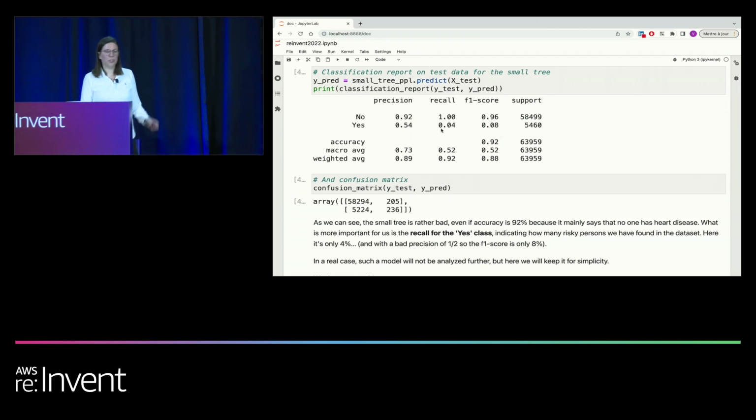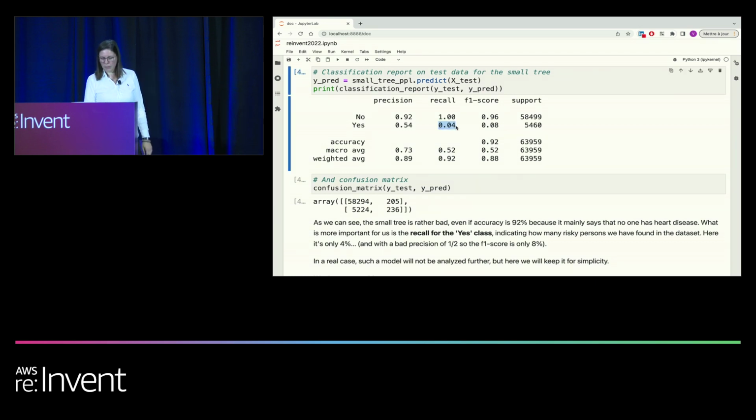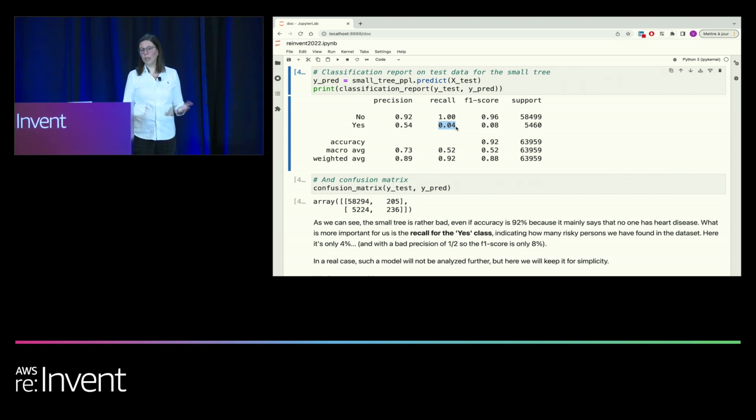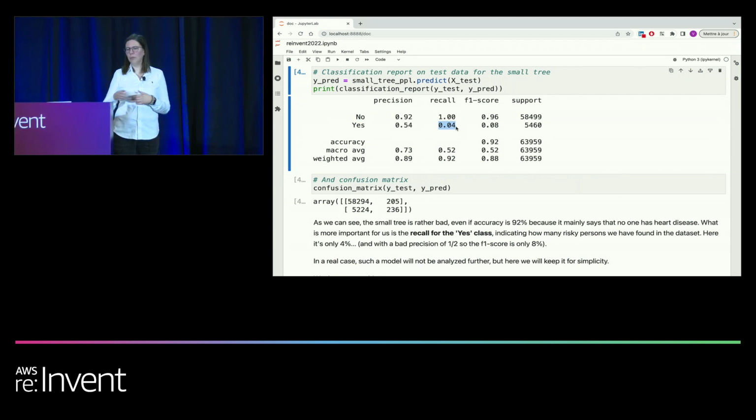And what is interesting is to detect people with heart disease or with a high risk of heart disease. And here my recall is very low with only 4%. So my model is not good at all. This kind of model, you will not keep them, you will just throw them away, but here we will study it just to understand what you can do with it.